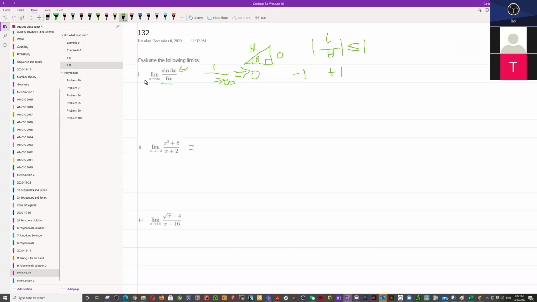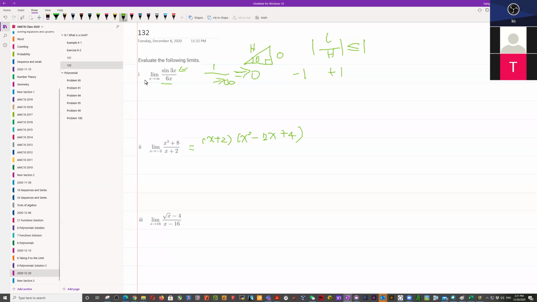So we just factor the numerator and find that one of the factors is x plus 2. Indeed, it has it. It's x plus 2 and x squared minus 2x plus 4.